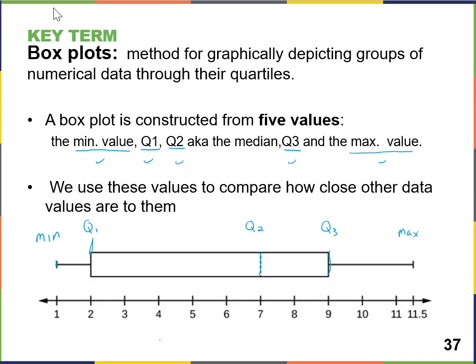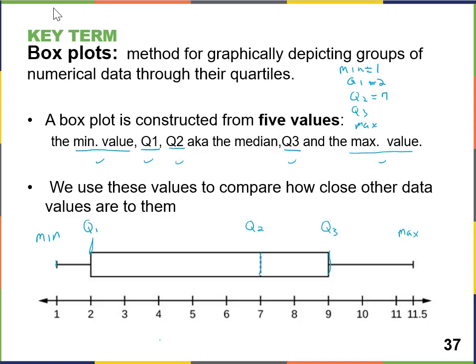If I look at this box plot, I can see that my minimum value is 1. Often the set of values you need, you summarize very succinctly like this. My Q1 looks like it's at 2. My Q2 looks like it's at 7.